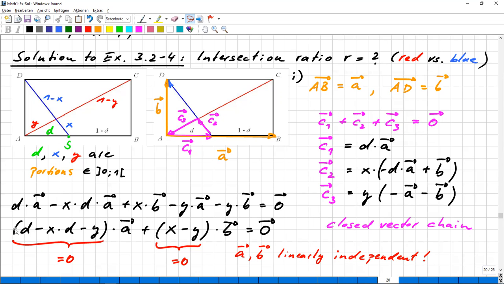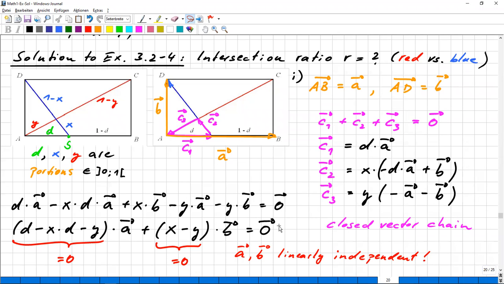So this whole term multiplied by basis vector a is all we have containing a. And concerning vector b, we have x times b minus y times b. So it's x minus y in parentheses times vector b, and still equal to the zero vector.